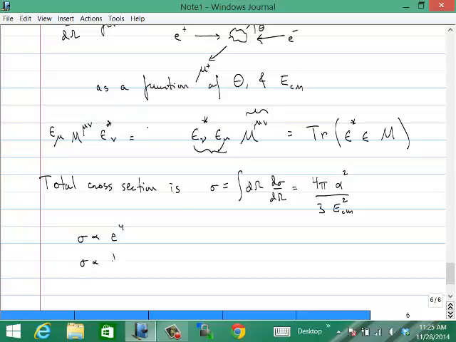It's also inversely proportional to the center of mass squared energy. That also makes sense. If you collide electrons with greater and greater energy, there's a larger chance they'll just fly right by each other without even having a chance to interact.